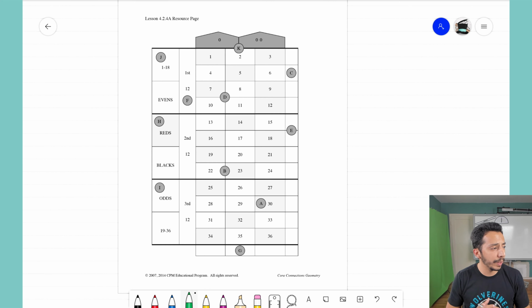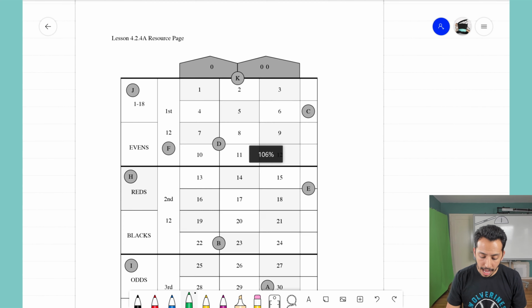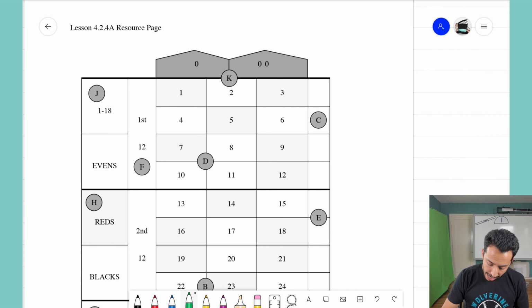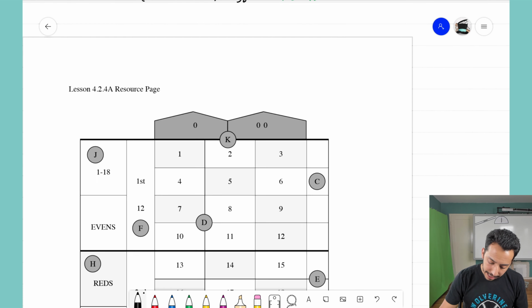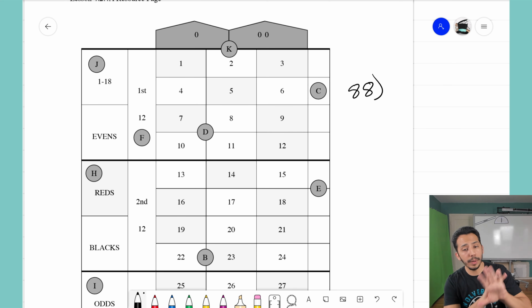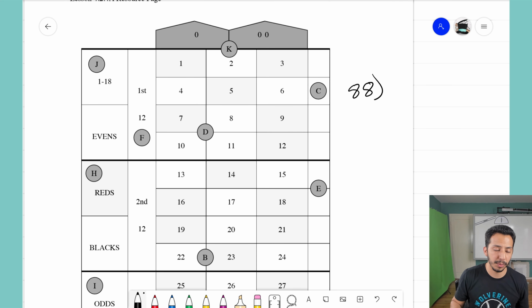Now, in 88 here, we have a board for the roulette table, right? We see that there's the board there. I'm going to zoom in here. Okay, I'm zooming in. We'll call this problem 88. For problem 88, you don't have to copy the board down. Please don't copy the board down.